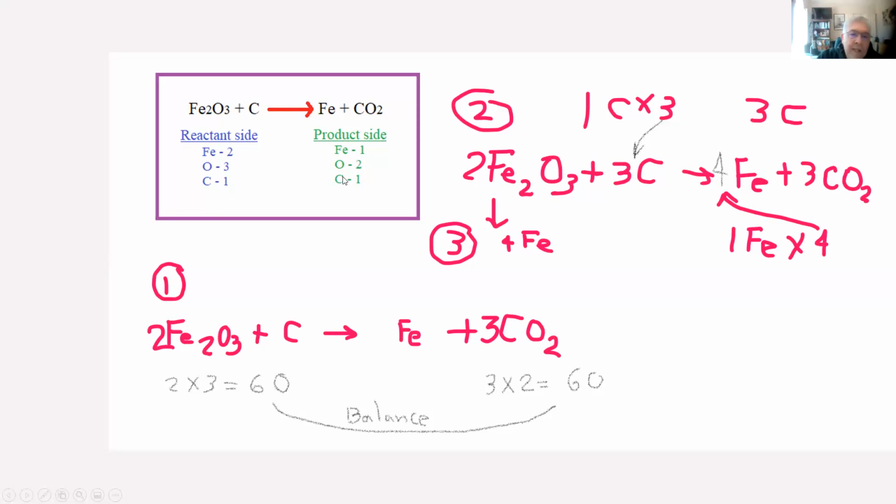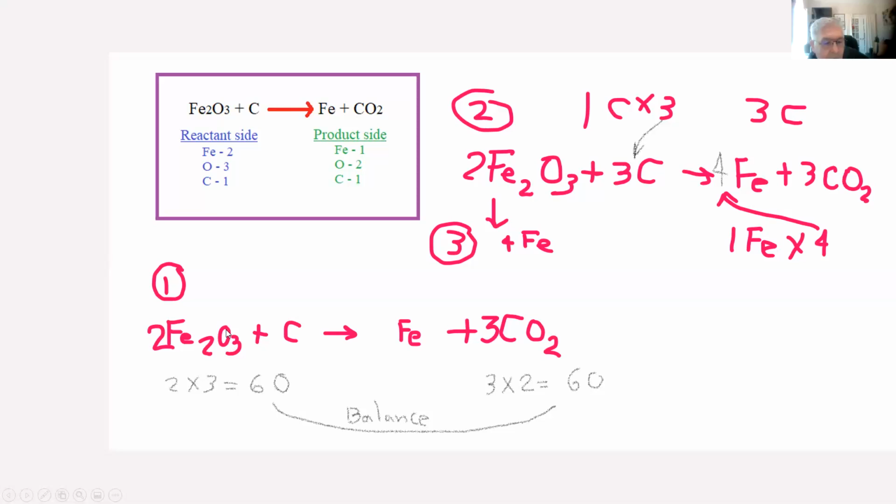How can you do that? Never adding subscripts, only coefficients. You can add a coefficient here. For example, here you have a 1, but you never write the 1. Well, you begin with oxygen.